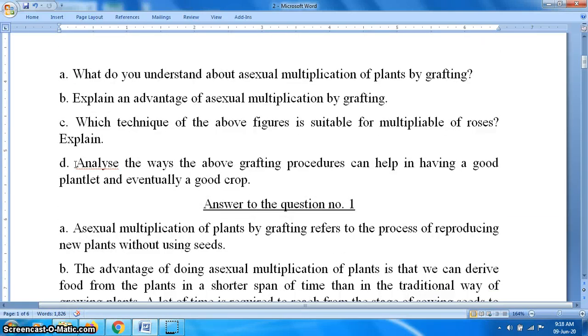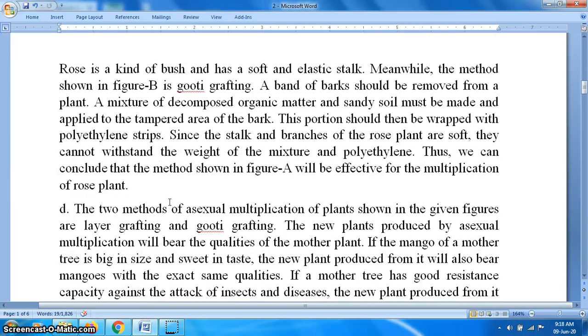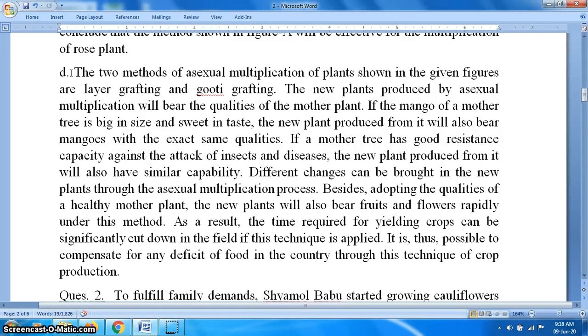Now, question D. Analyze the ways the above grafting procedures can help in having a good plantlet and eventually a good crop. The two methods of asexual multiplication of plants shown in the given figure are layer grafting and gooty grafting.